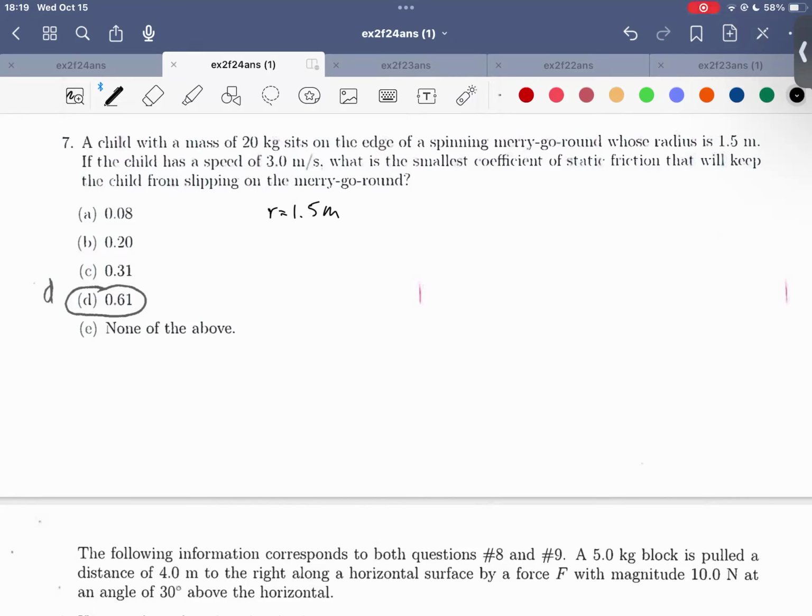Okay, so if we're going to be working with static friction, the smallest coefficient, we know we're going to be solving for this mu. So mu. And so now we have force of friction equals mu times n is probably how we'll get there, right?